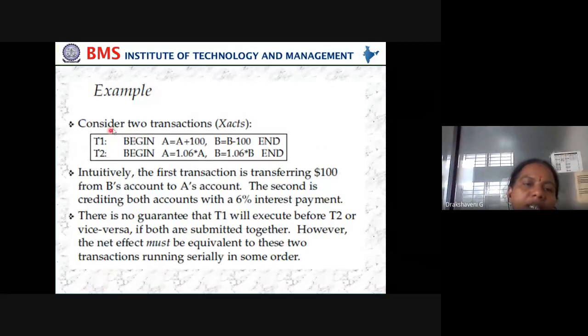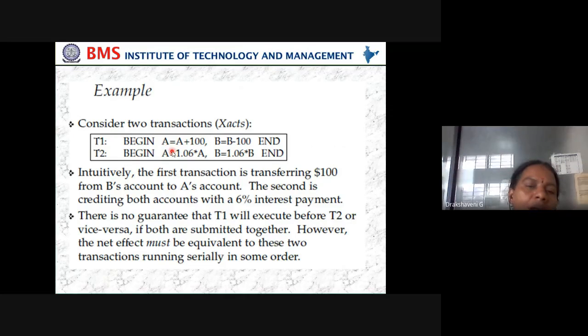Let us consider one example. Consider two transactions, T1 and T2. In T1: begin, add 100 rupees to account A, subtract from account B, and end. In transaction 2: begin, multiply interest of 6% to account A as well as account B, and end.